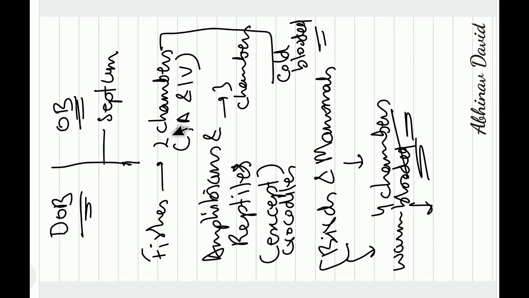Now cold-blooded organisms do not maintain their body temperature, so they don't have to utilize so much energy for it. For that reason, in these organisms, they can afford some intermixing of oxygenated and deoxygenated blood.